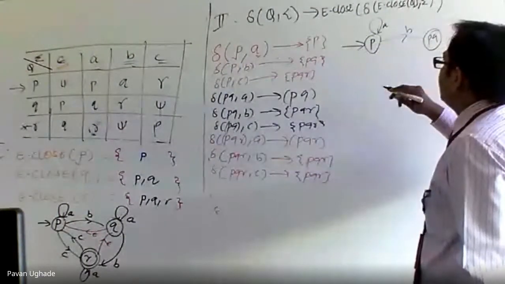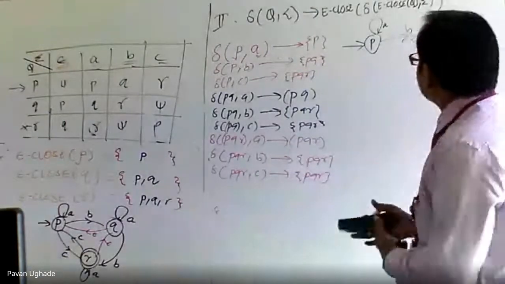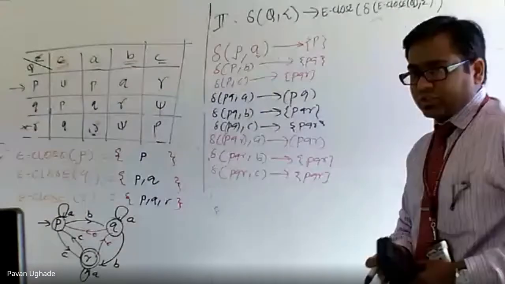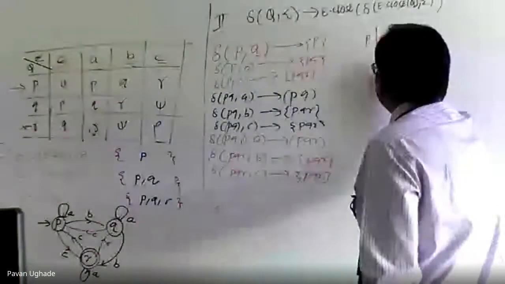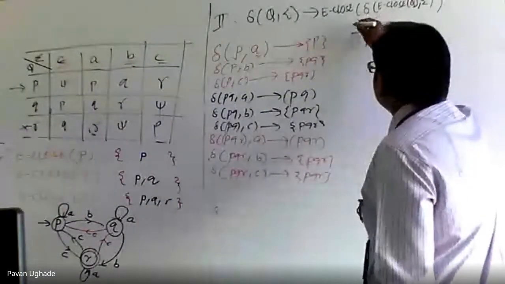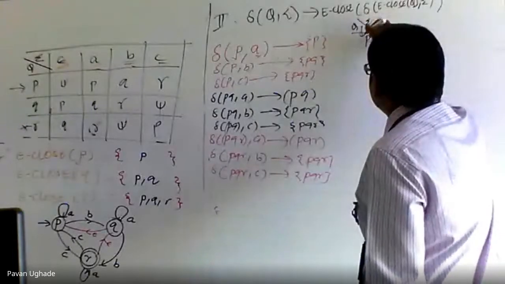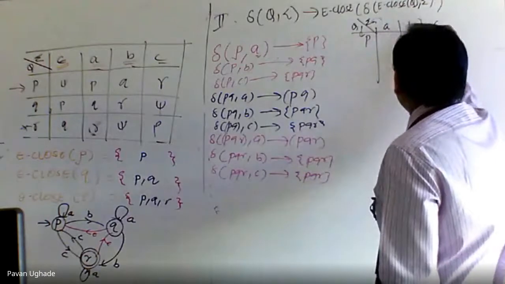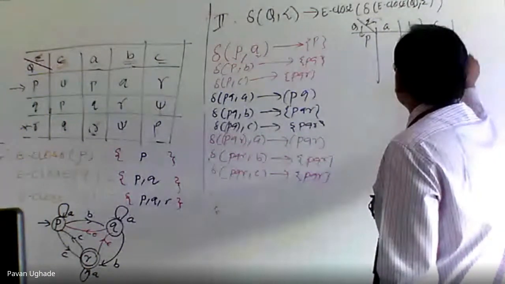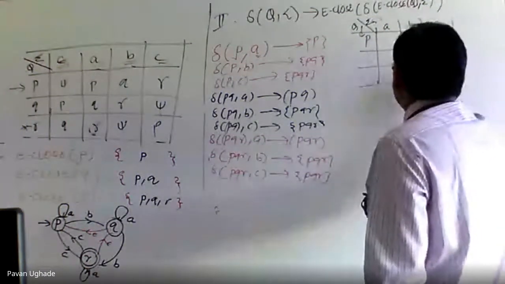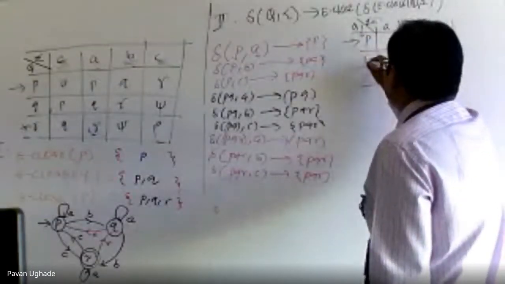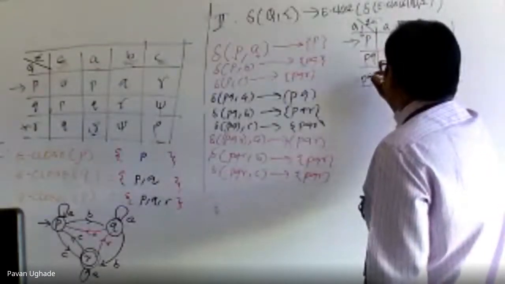Then what you can do in a better way: first, you get the transition table. This is my state, these are my alphabets, so here it is A, B, and C. As we have eliminated the epsilon, it will not be added. The next state is PQR.